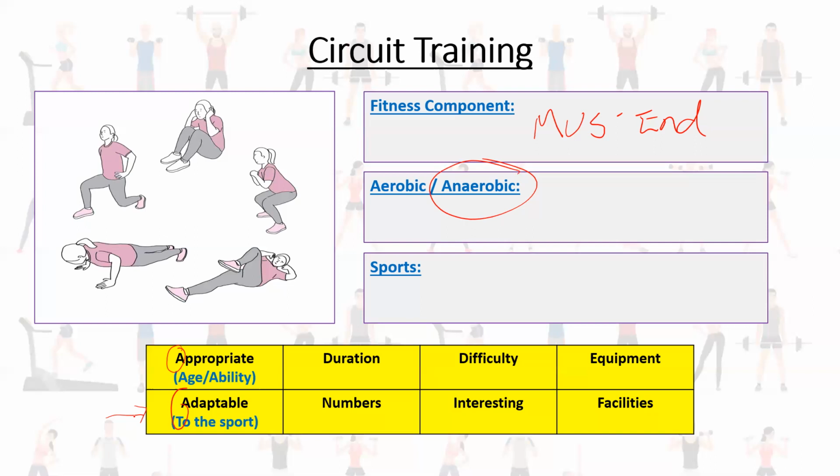Right, the rest of them are fairly straightforward and you can just make a judgment call on it. Duration. How long does circuit training go on for? Well, obviously, that might depend on the particular performer being involved, but for the most part, you're likely to do it for 10, 15 minutes at least, possibly a lot longer, up to maybe an hour.